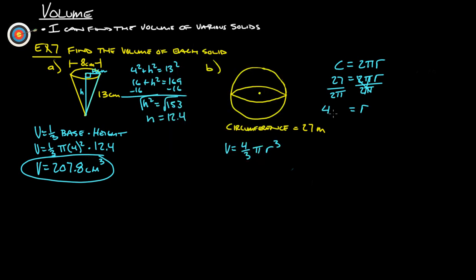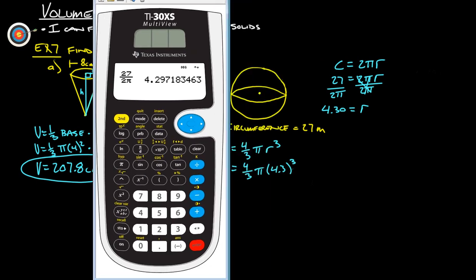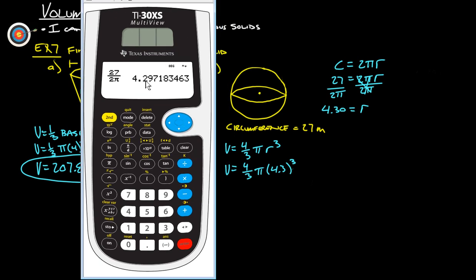So let's just call it 4.30, right? So our volume is going to be 4/3 pi times 4.3 cubed. Okay, so when we put that into our calculator, we already have that answer there, so I'm going to see if this will work. 4/3, and then pi, and then we're going to take this answer.